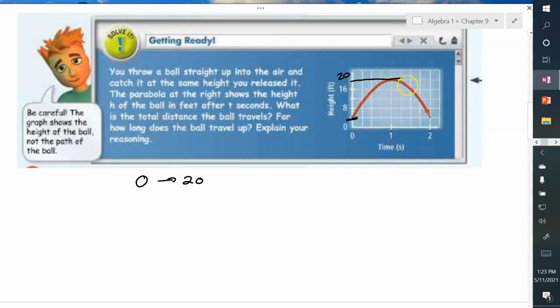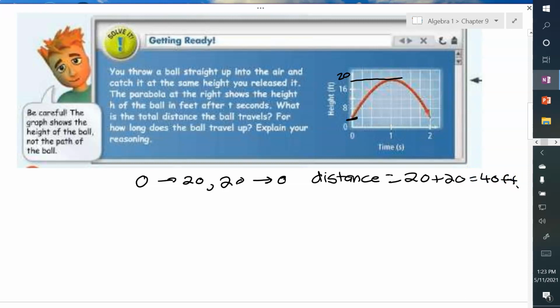And then it goes back down from 20 back down to 0. So it went 20 feet up and then 20 feet down, so the total distance is 20 plus 20, or 40 feet.